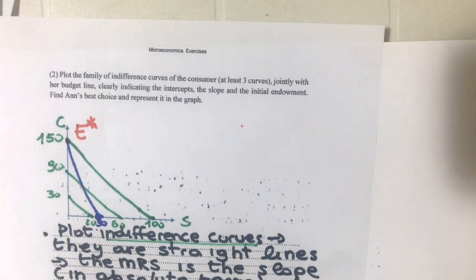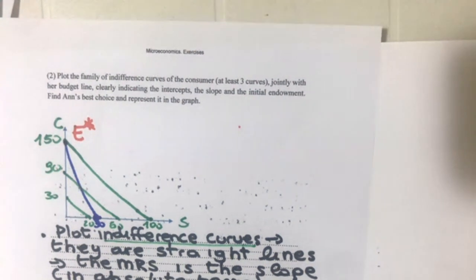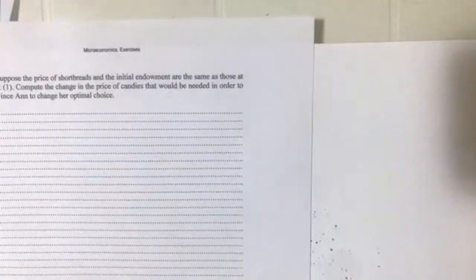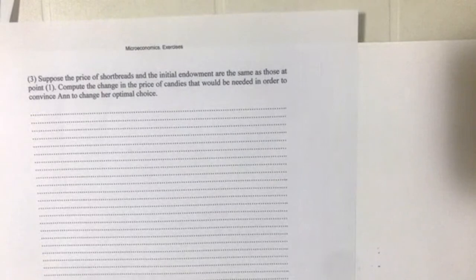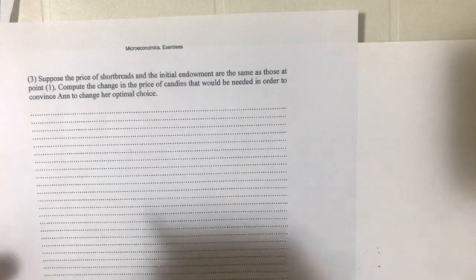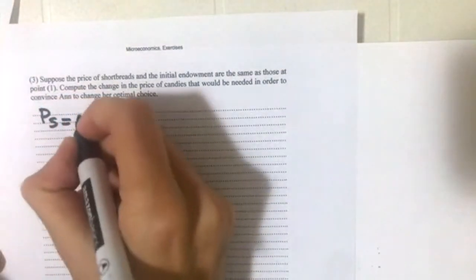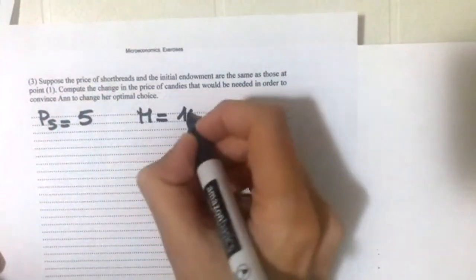Now, since we have done everything, we can move to point 3 of the exercise. Here it is, point 3. Suppose the price of shortbreads and the initial endowment are the same. So we are told that PS is still 5 and money is still 150.